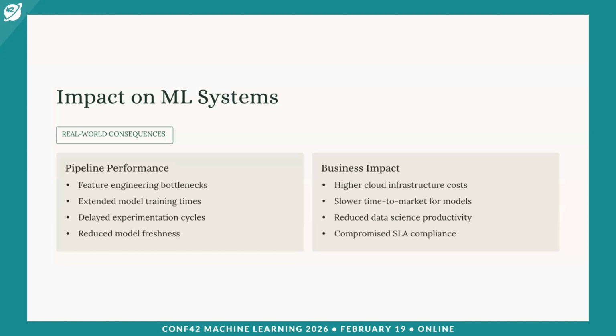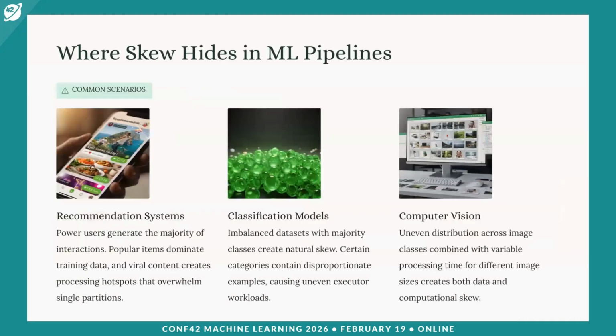And when we categorize these problems in machine learning pipelines, how can we classify them? There are different ML pipelines that we are running currently. We have recommendation systems, classification models, and also computer vision pipelines.